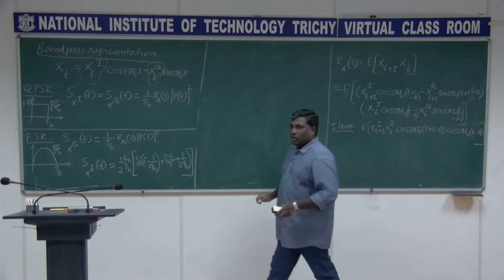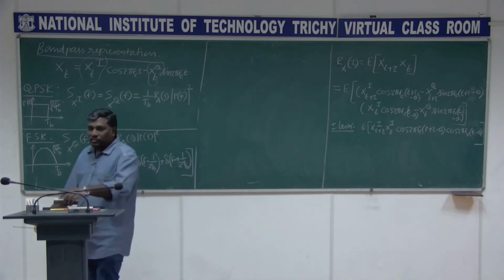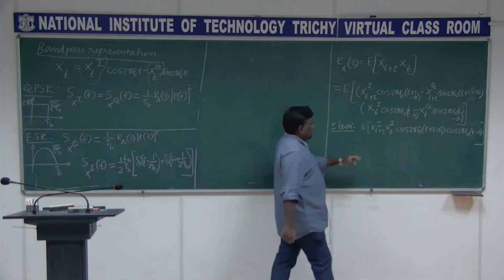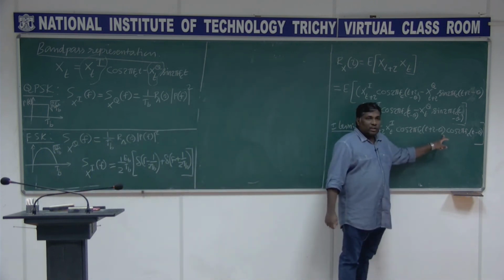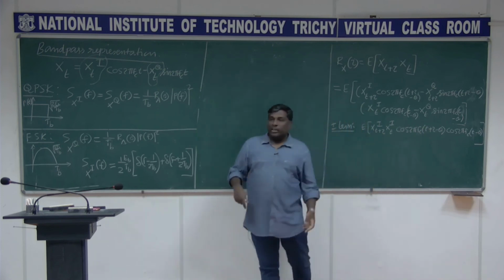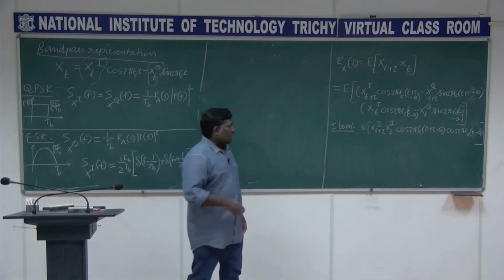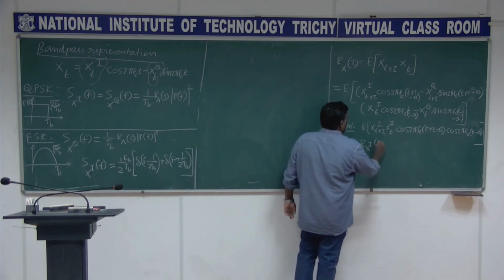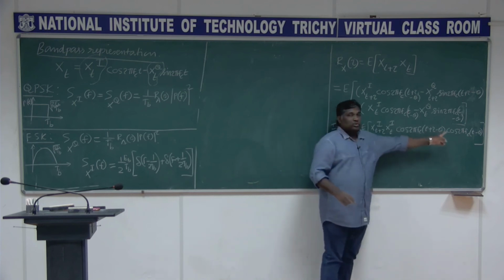So as I told you little earlier, we can fix this theta and take the expectation, and once again you can take the expectation over theta. So in that case, you get this Rx I of tau, and we need to take expectation over this.